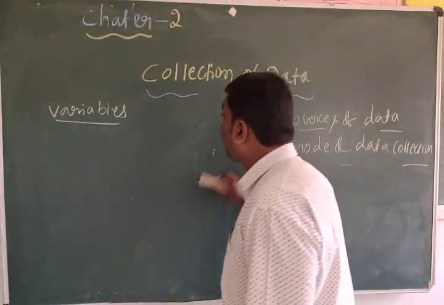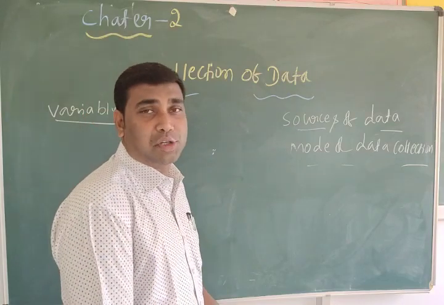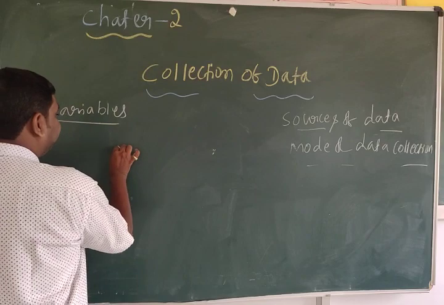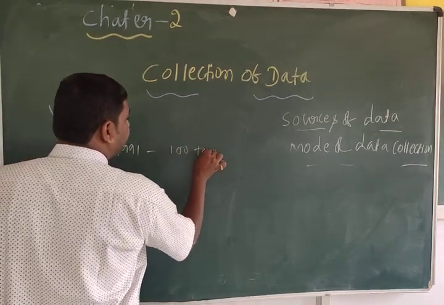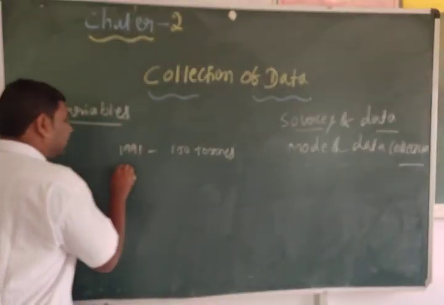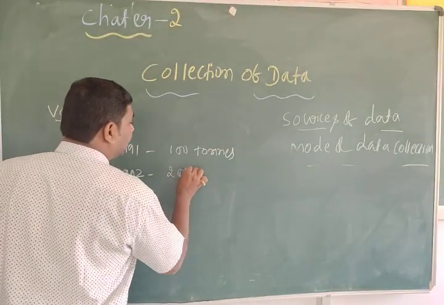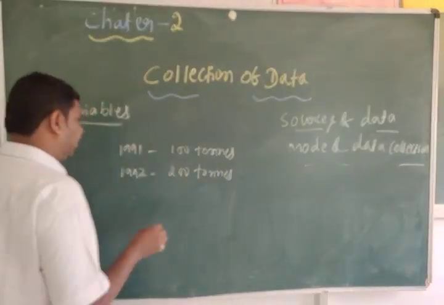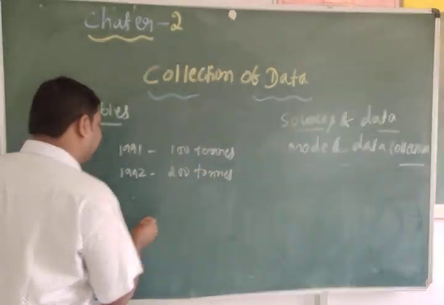For example, the food production of India at the time of 1991, 100 tons. 1992, 200 tons.